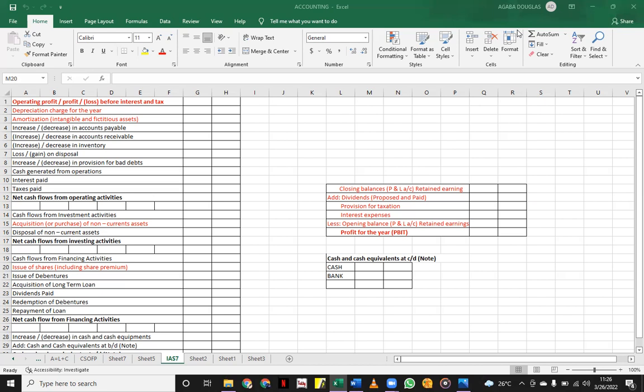And then when it comes to accounts receivable, it is the opposite. When the accounts receivable are increasing, then that calls for an outflow. Why? Because you're selling the items that you bought using cash, you're giving them on credit. And it is not cash that is moving, but that stock that you're selling on credit is the one that we are considering as an outflow.